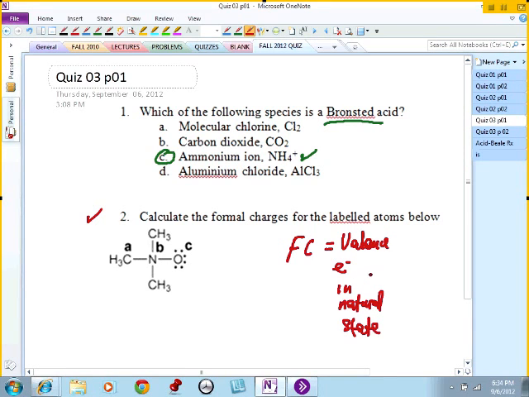So that would be the valence electrons of the atom, right? Minus what? Valence electrons that actually belong to it. That is very important. Valence electrons that actually belong to that atom in that molecule, right? Okay.